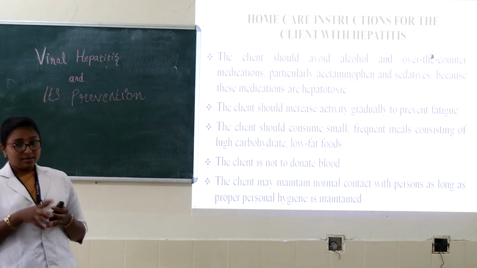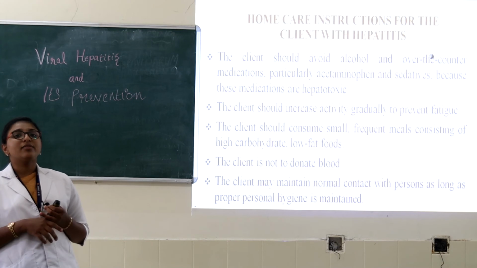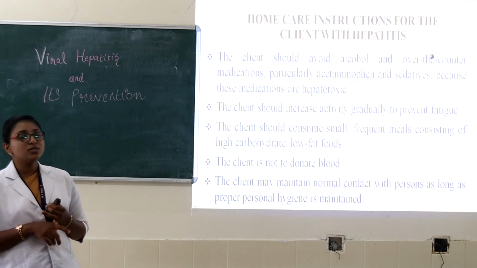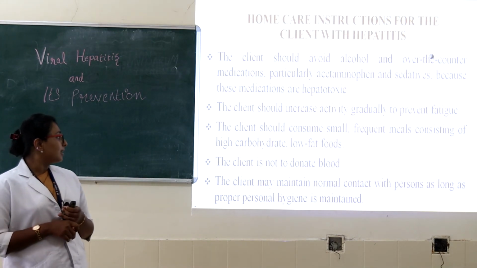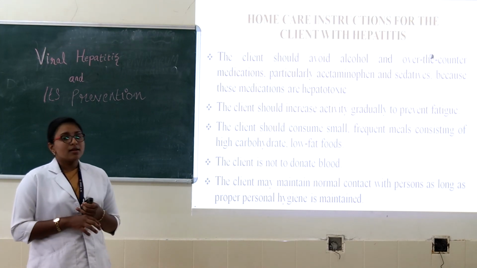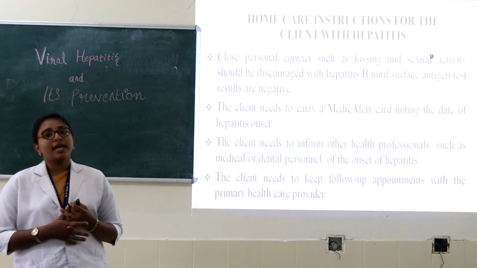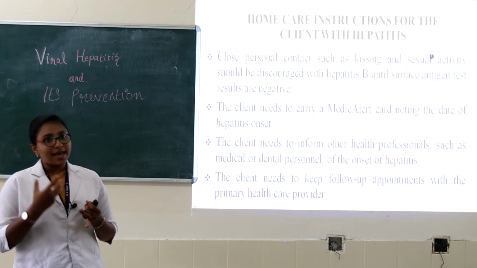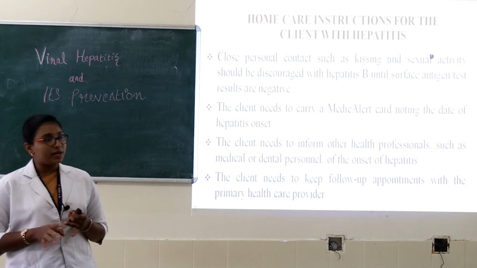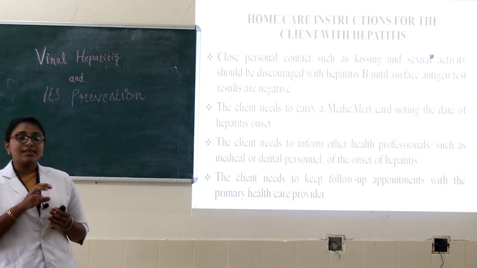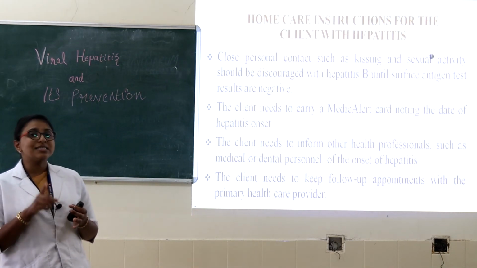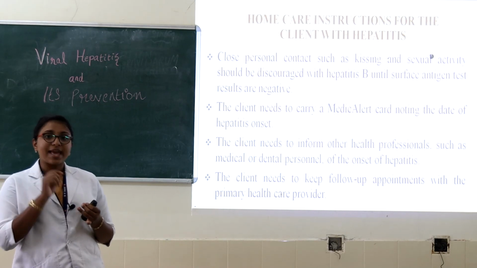Then individuals infected with viral hepatitis should not donate their blood. Then they should avoid close contact, that is sexual contact or direct kissing, until the patient is HBsAg negative.